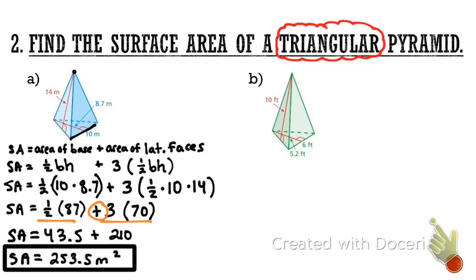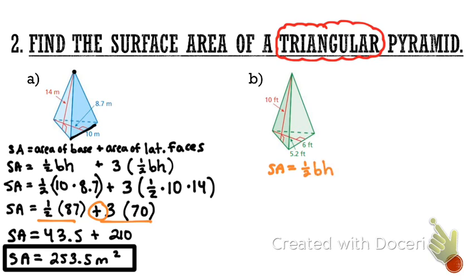All right, so I've got one more problem for today, problem B. I want you to pause the video and try to do it on your own. All right, so remember, we're going to start off with the formula. The surface area is the area of the base. Our instructions tell us it's a triangular pyramid, so we're going to take half times base times height.